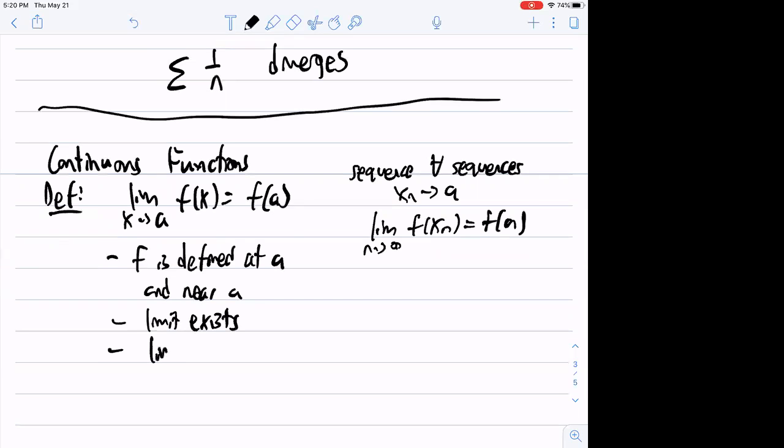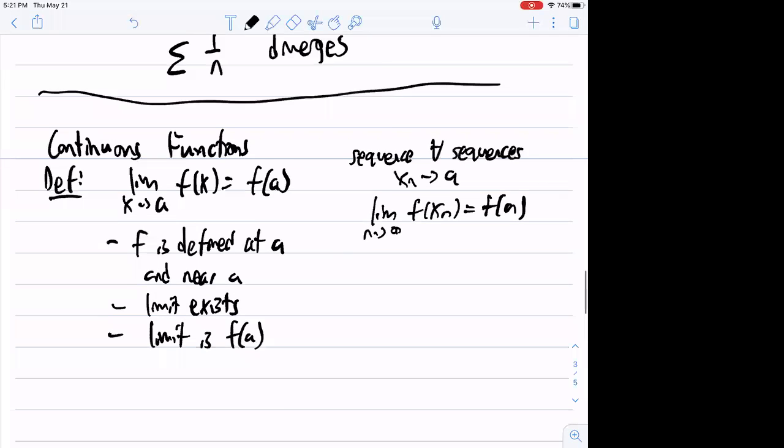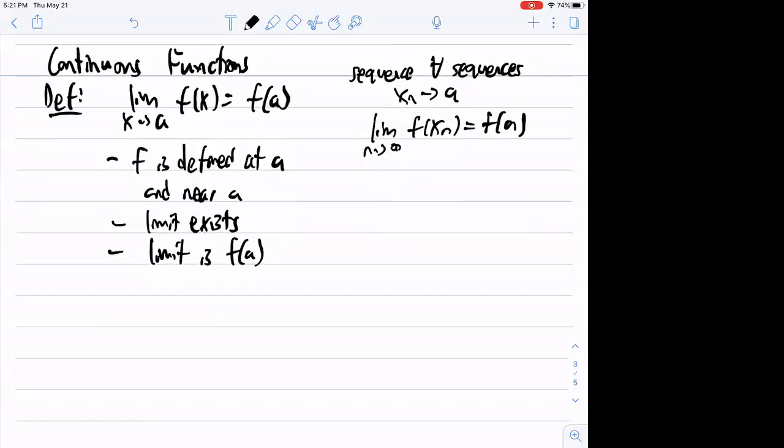And 3, the limit is f of a. So there's 3 implications here when I write this. So let's see examples of discontinuous functions that don't satisfy this.